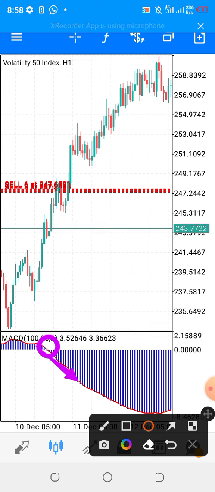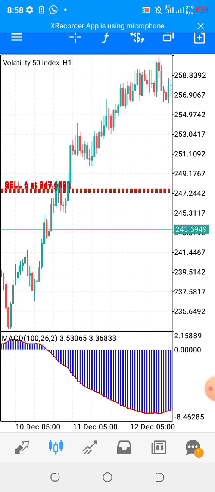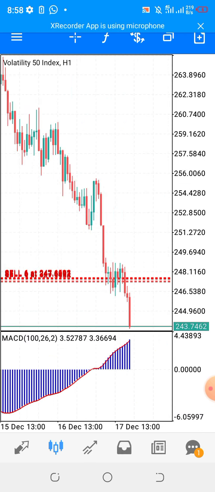So here now, this is a clear buy signal. You need to make your buy entry here. And this is excess profit for you.